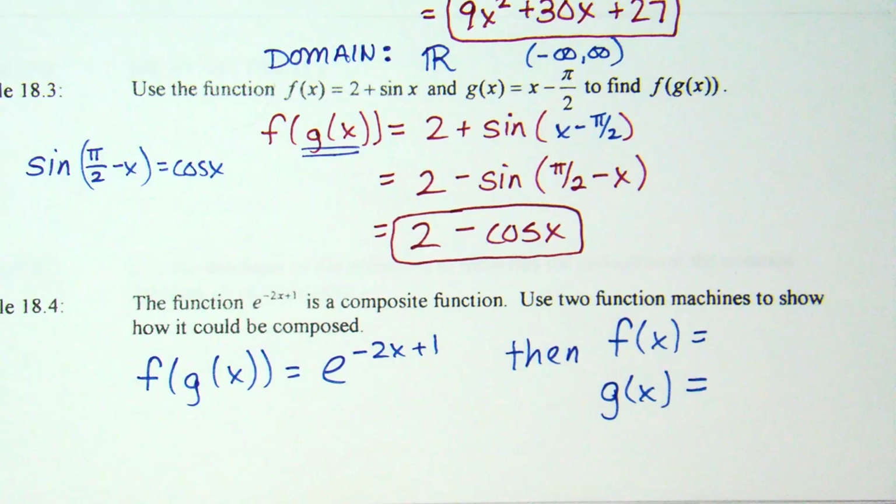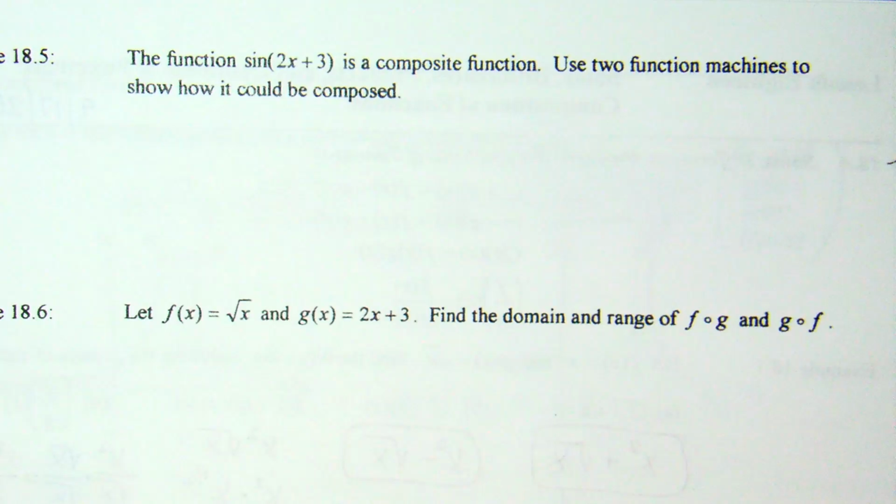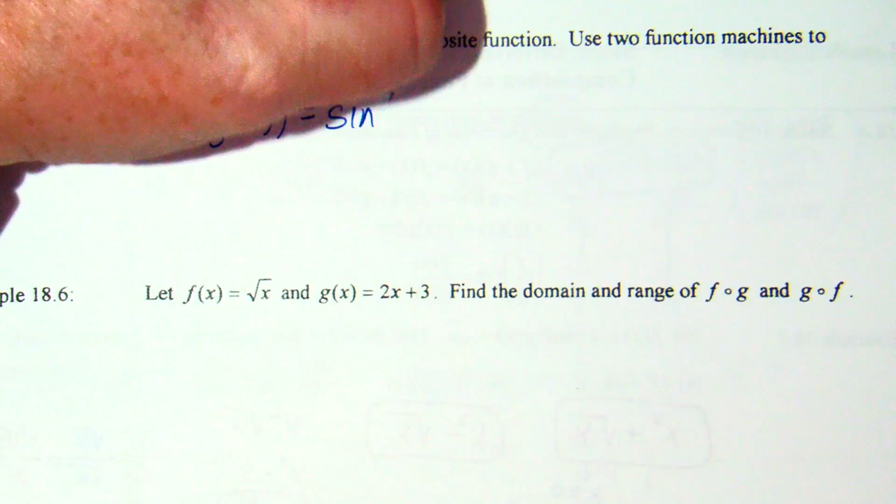Let's do the same thing again. This time my function is sine of 2x plus 3. Function machines. So again, I'm going to call this f of g of x is sine of 2x plus 3. If that's the case, what would you like to use for f of x? What would you like to use for g of x?